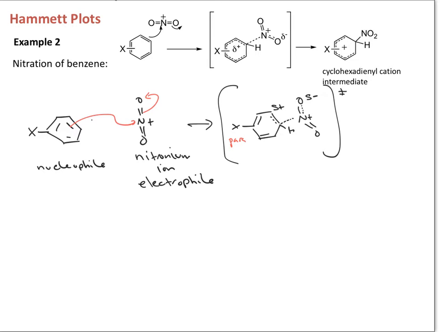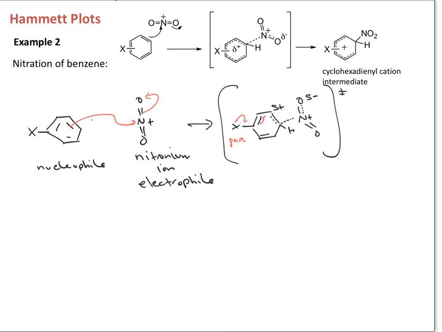And if we do that, we can utilize any lone pair that might be on X, and we can start to push electron density towards the development of that positive charge.